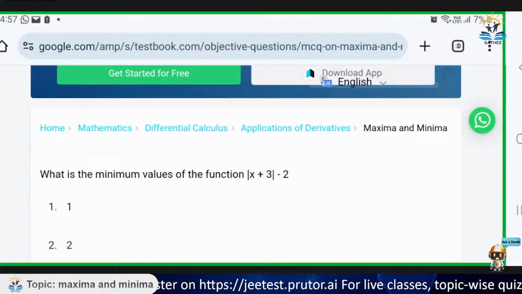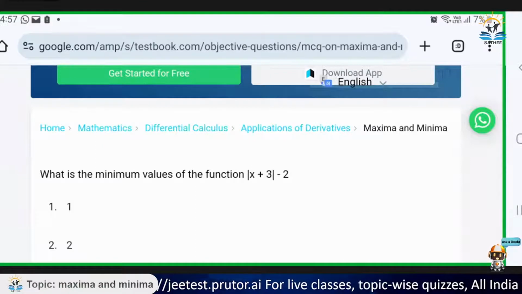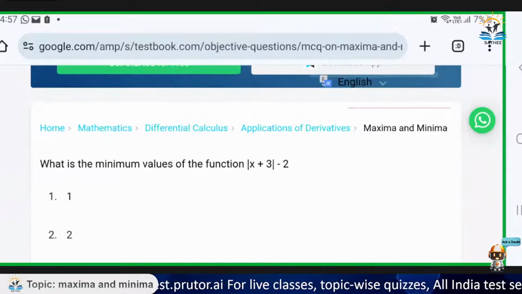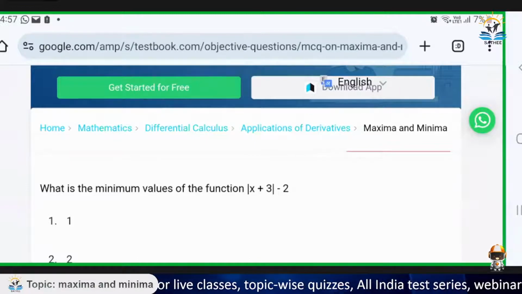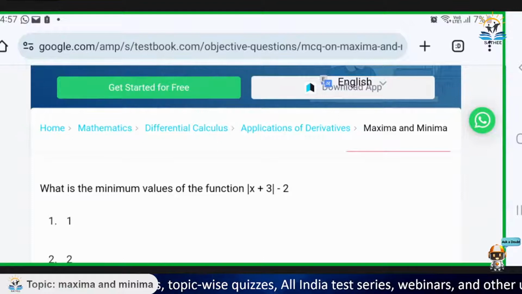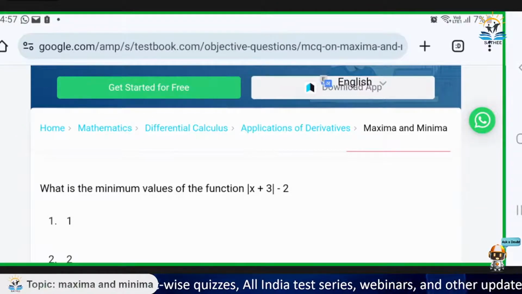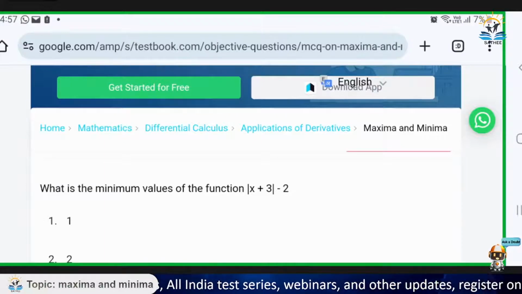At what value of x would this value, mod of x plus 3, be minimum? We know that mod of x plus 3 can be minimum as 0. It will happen when x is equal to minus 3.